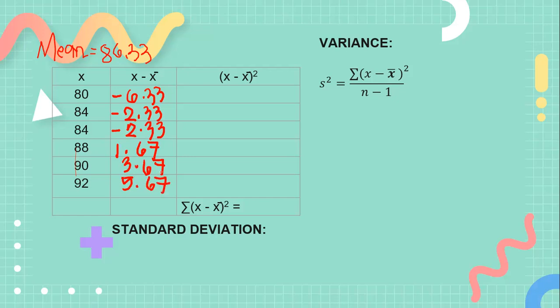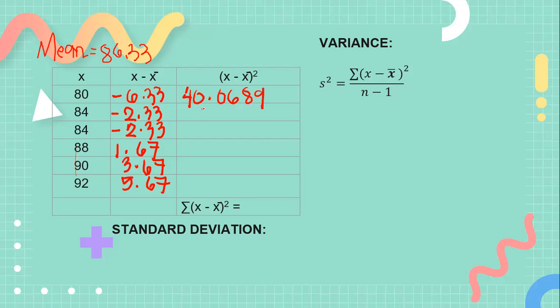Now, for this column, class, the quantity x minus mean squared. We square the results of x minus mean. Negative 6.33 squared is 40.0689.